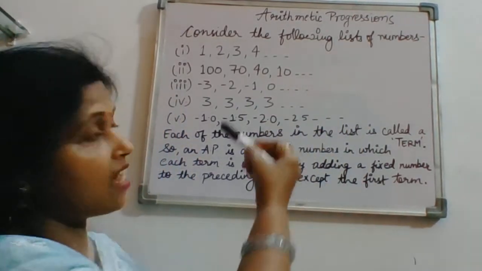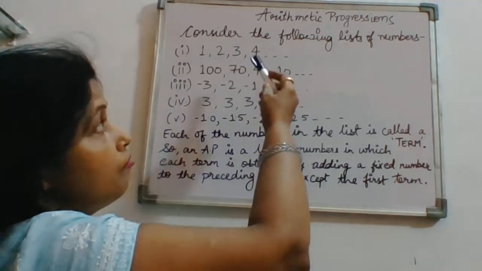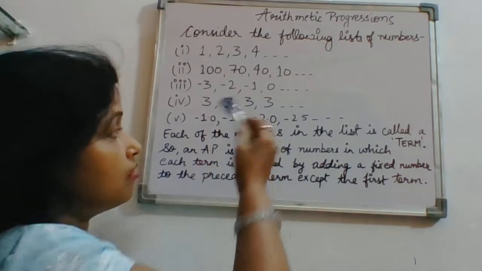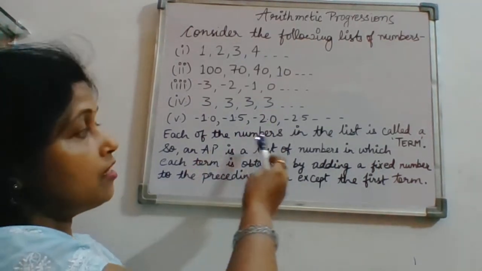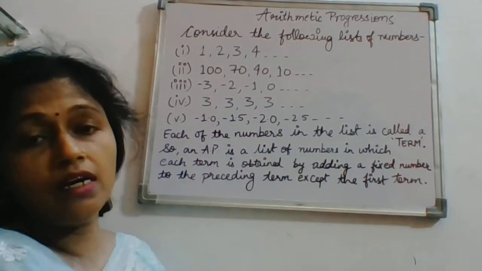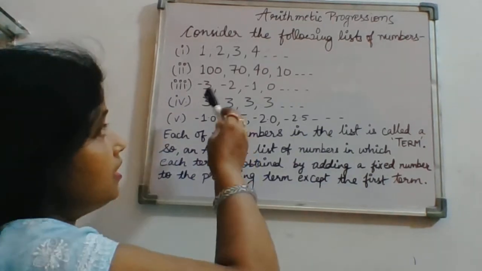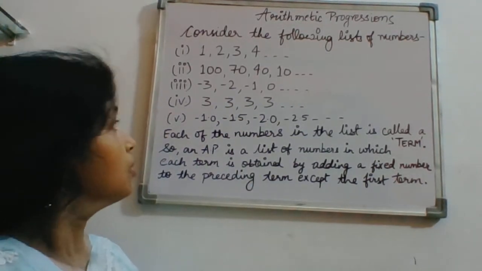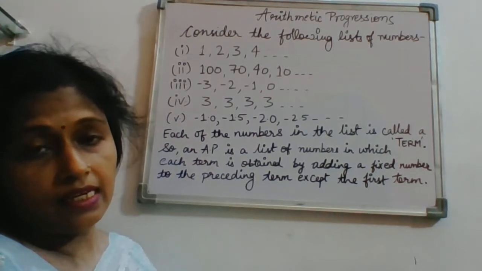So these are the examples of arithmetic progression. Okay, each of the numbers in the list is called a term. Each is a term in this list. Now what is this AP?